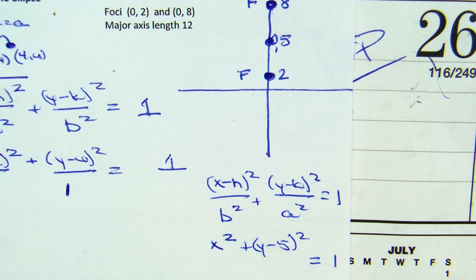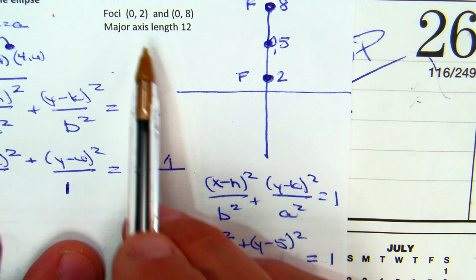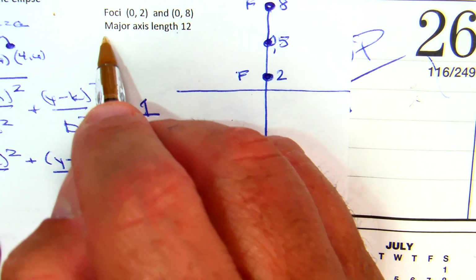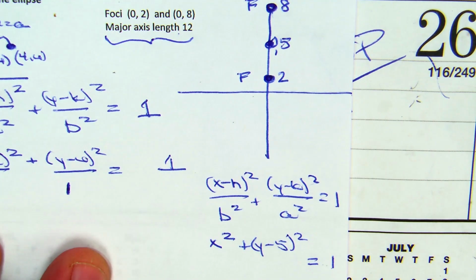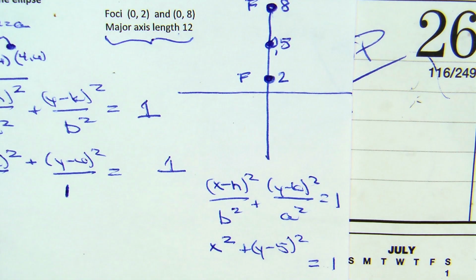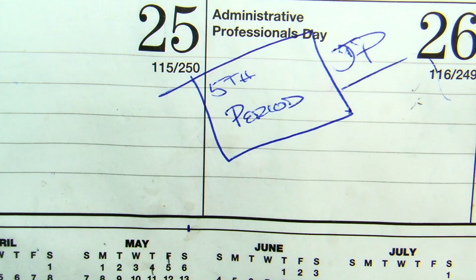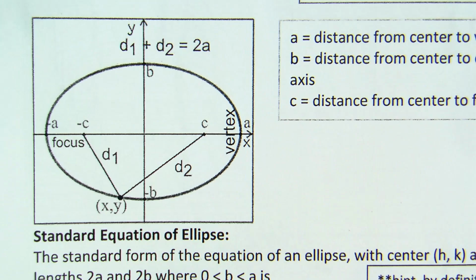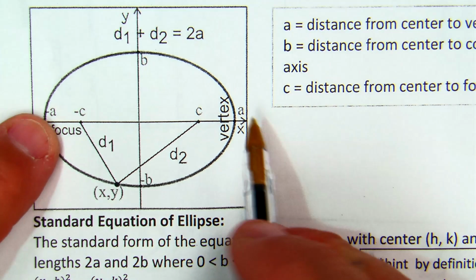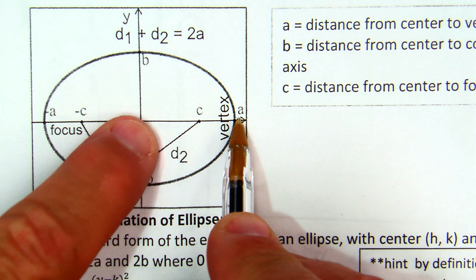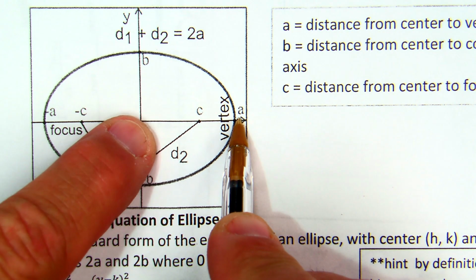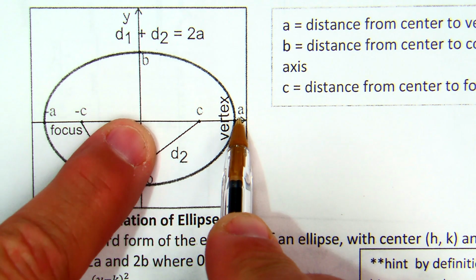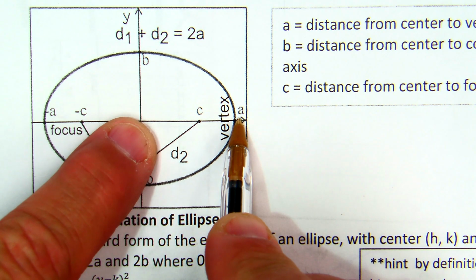All right. Now, it says the major axis has a length of 12. So from one vertex to the other is 12. Well, if I'm looking at an ellipse, if that's the length, the distance to the major vertex, once again, is what fraction of that length?